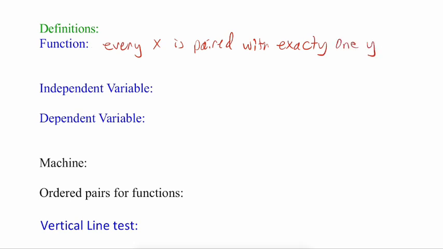Every x is paired up with exactly 1 y. So that's what I would think of there. Remember that x, the set of x's, is going to be our domain. Usually I'll abbreviate it just a capital D, and the y's are the range.